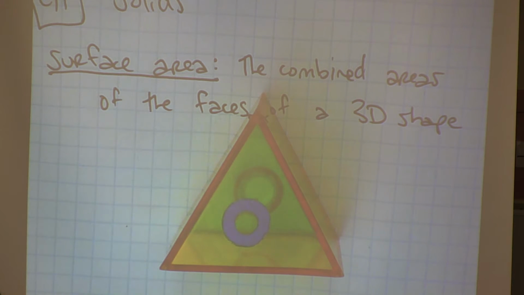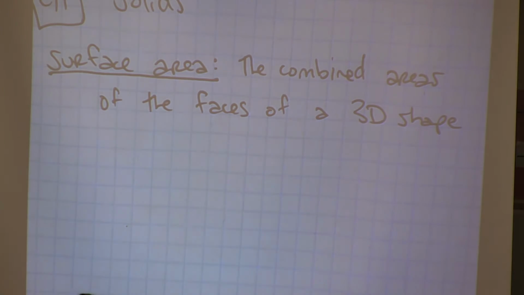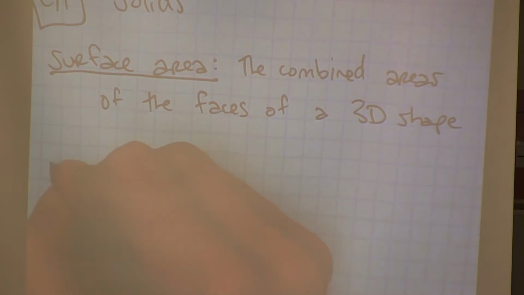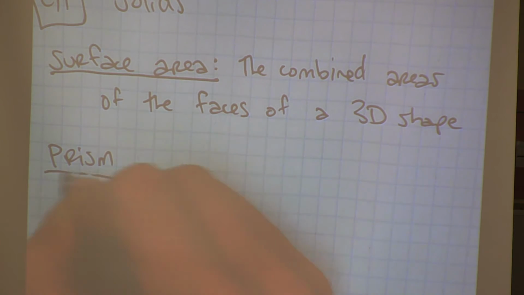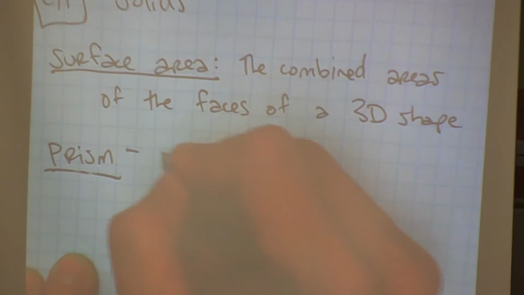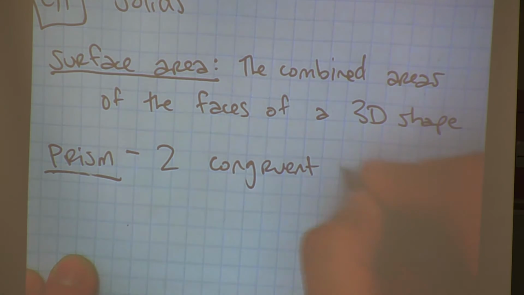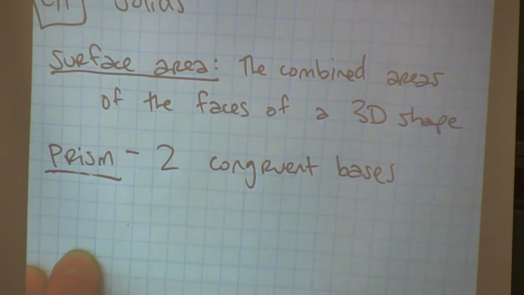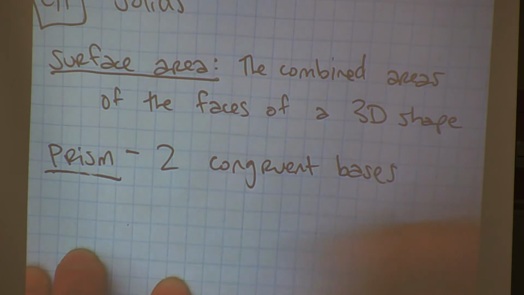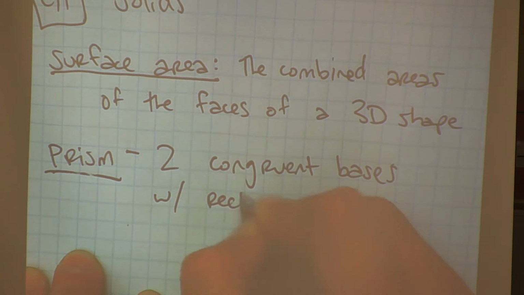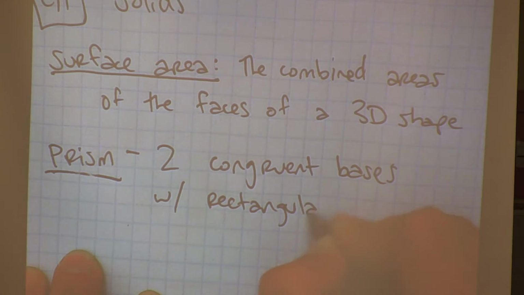Okay? We're going to talk about two different kinds of shapes. And here we're going to deal with prisms. What's the word congruent mean? Awesome. It means the same. Two congruent bases with rectangular sides.